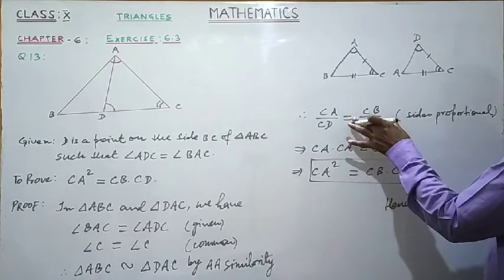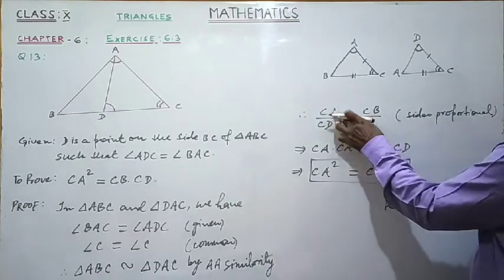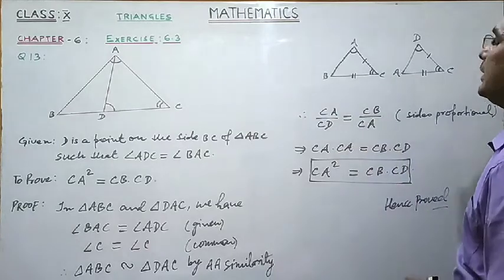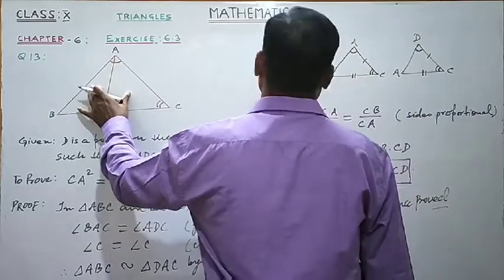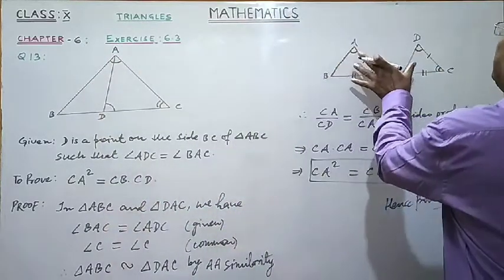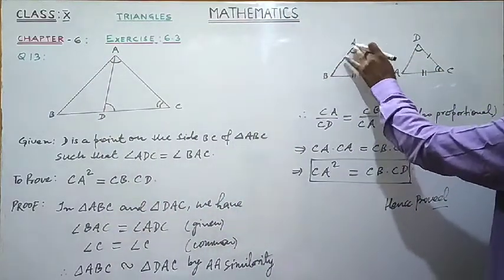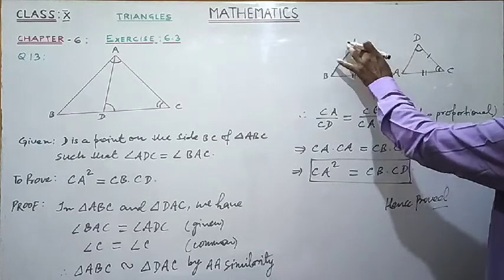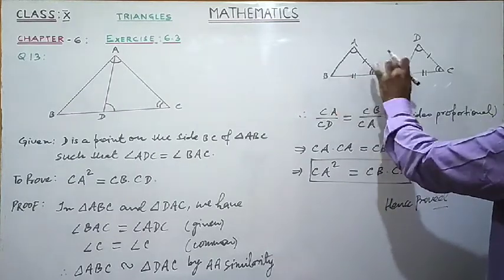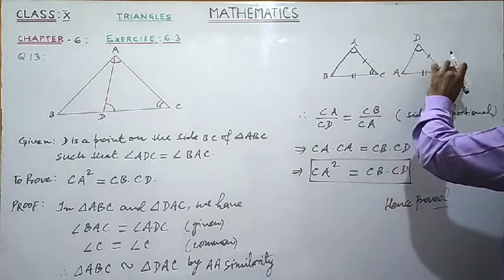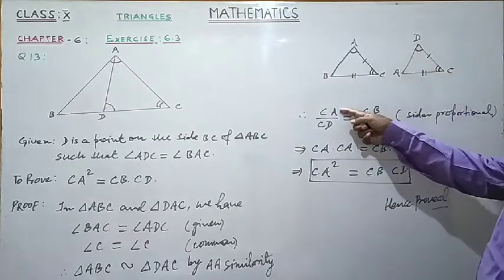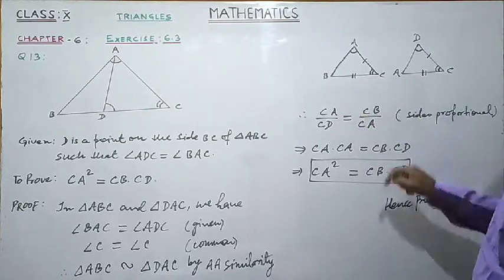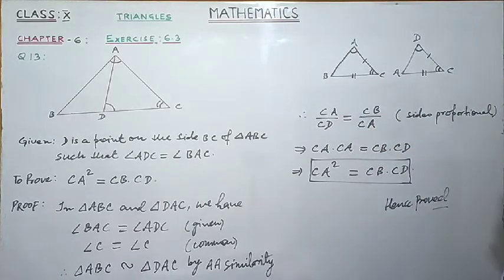So if you find any difficulty in writing corresponding sides proportional in two similar triangles, you can draw their rough figure in the right correspondence. So A corresponds to D, B corresponds to A, C corresponds to C, like this, and then easily you can put corresponding sides in the right proportion like this.